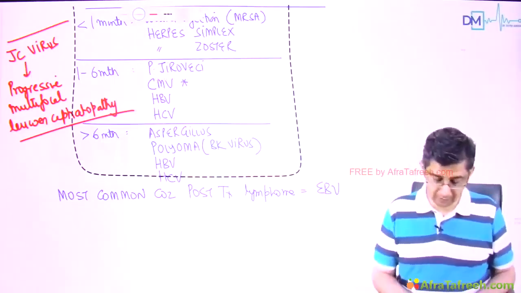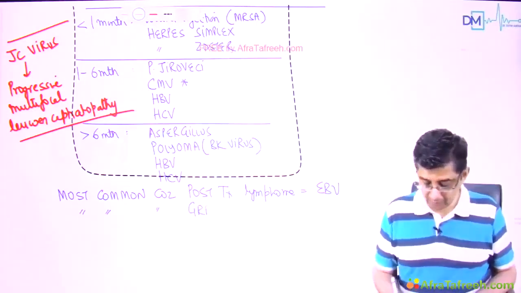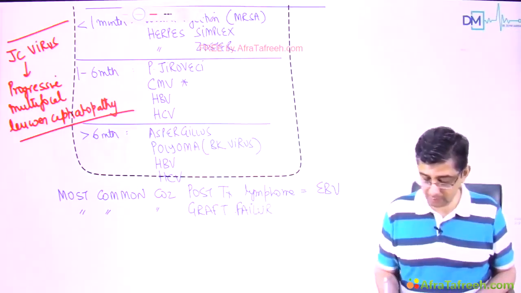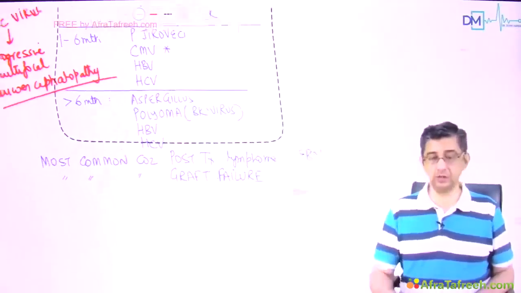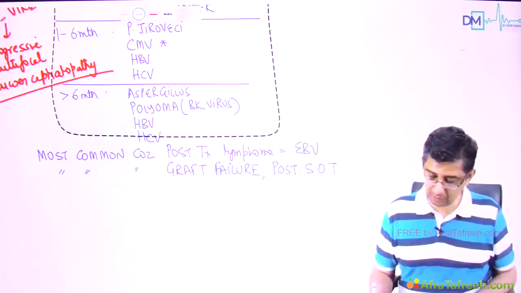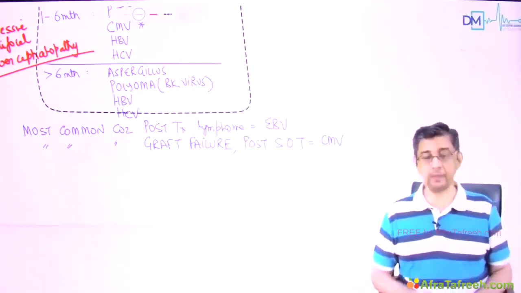But if he says what is the leading cause of graft failure after a solid organ transplantation, he may not use the word kidney transplantation, he might just say what is the leading cause of graft failure encountered after a SOT, that is a solid organ transplantation, that would be answered by you as cytomegalovirus.